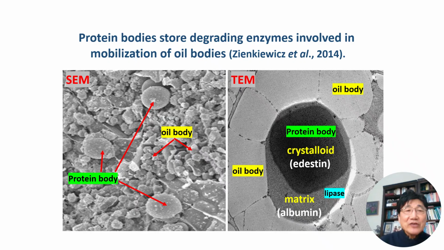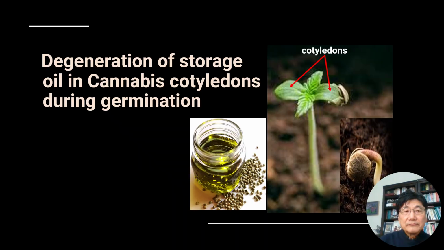And most of the enzymes, such as lipase and other hydrolases, exist in this matrix. In the germination of cannabis seeds, the stored oil in the cotyledons plays a significant role.